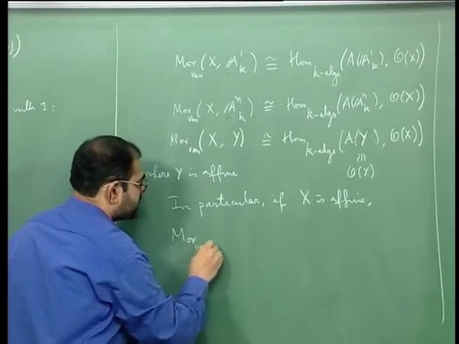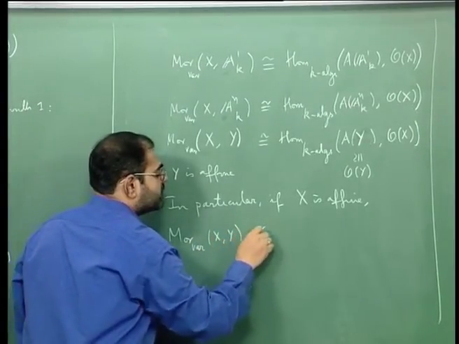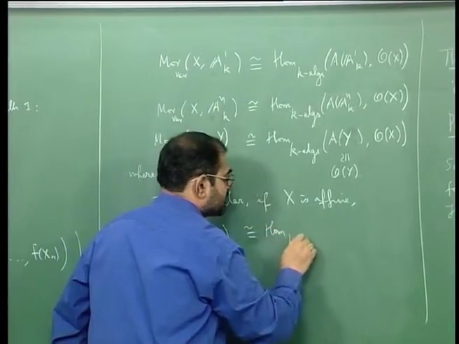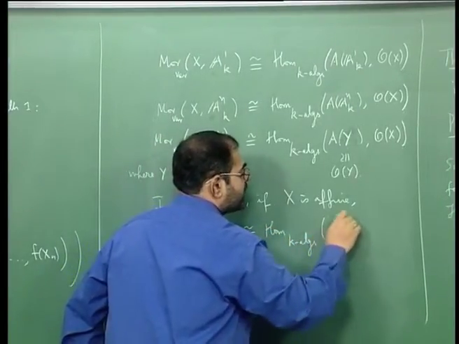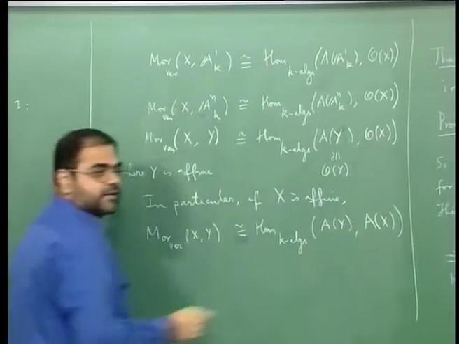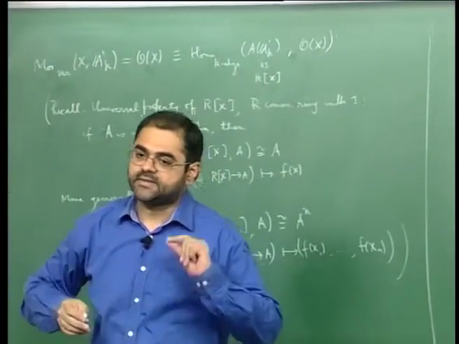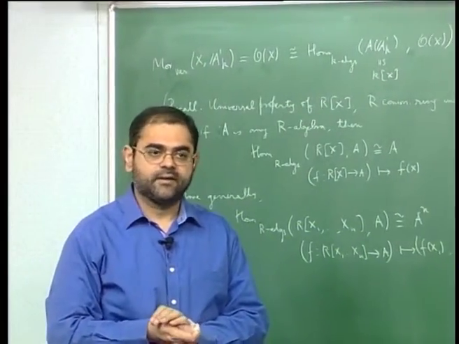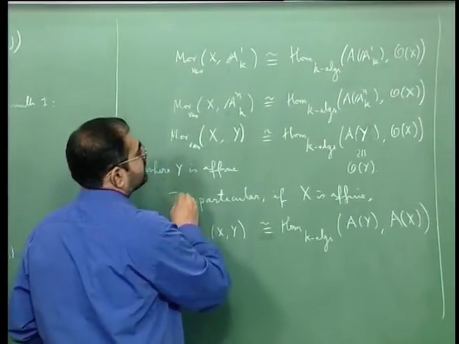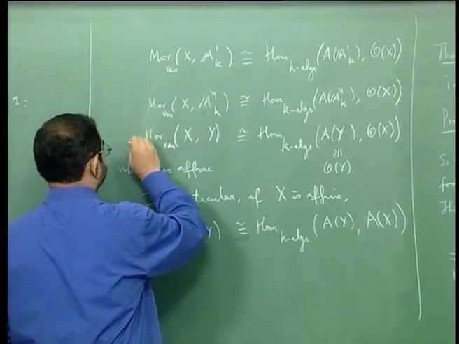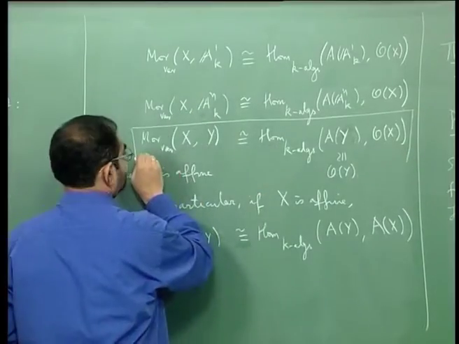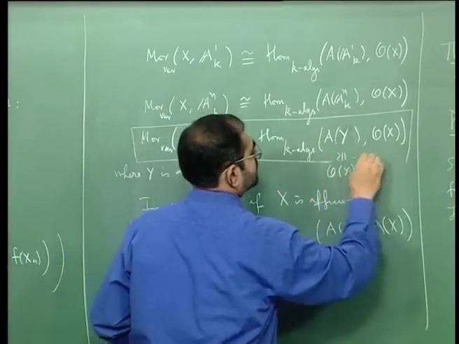So the morphisms of varieties from X to Y can be identified with homomorphisms of k algebras from A(Y) to A(X), and mind you, I can replace O(X) by A(X) because O(X) and A(X) are the same because X is an affine variety, okay. So these are the two important statements, this one and this one.